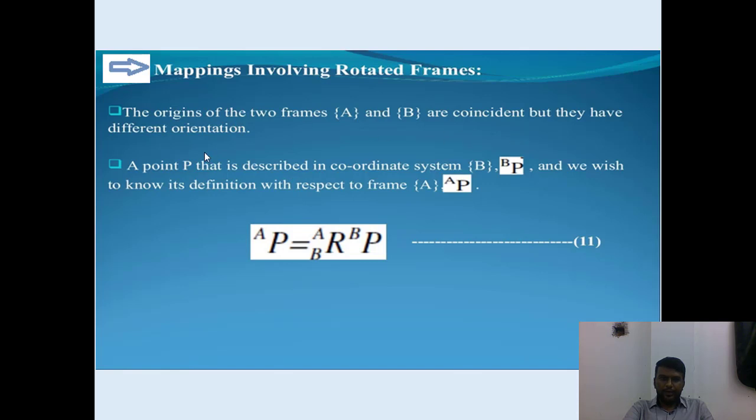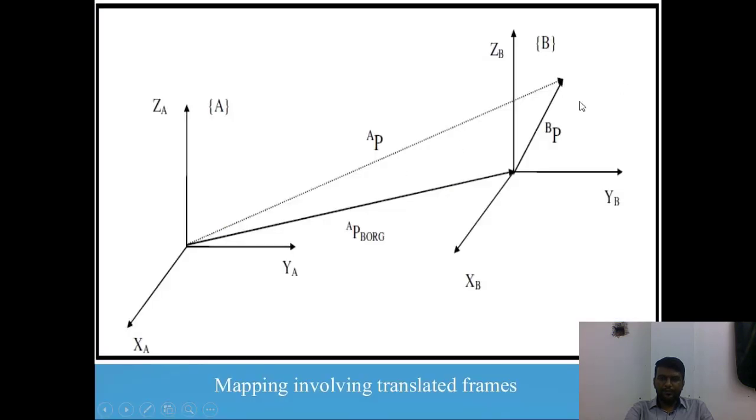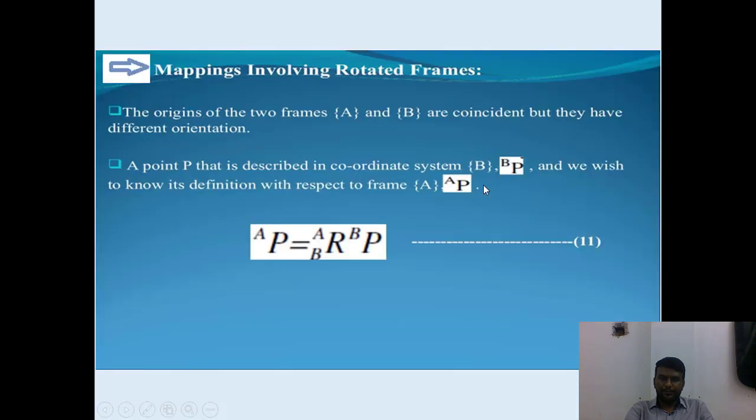We have two frames with different orientation. These are the two frames, both parallel, so the orientation is the same. PB is here.